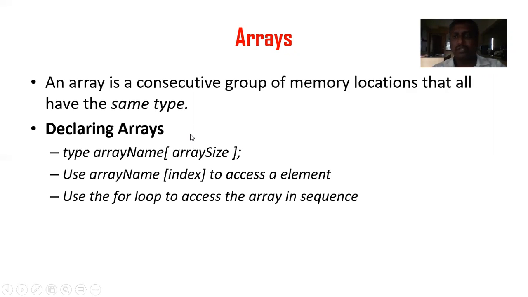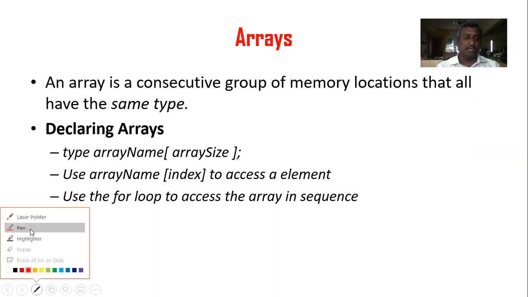Then, how to declare an array? To declare an array, first we specify the data type: what type of data are we going to store in the array locations? Then the array name, then the array size.